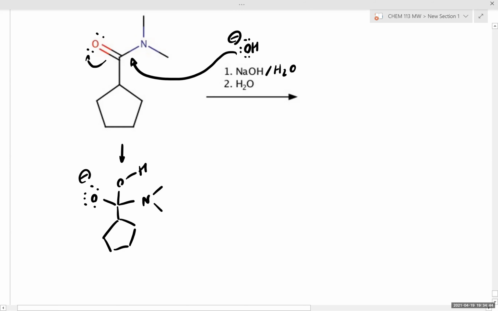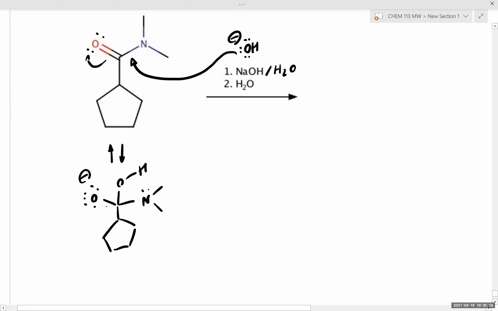Right now, as drawn, if this tetrahedral intermediate collapses, what leaving group is better? Hydroxide or amide? What's our better leaving group right now? Hydroxide, right? So as of right now, this is an equilibrium process and we get a non-productive pathway.